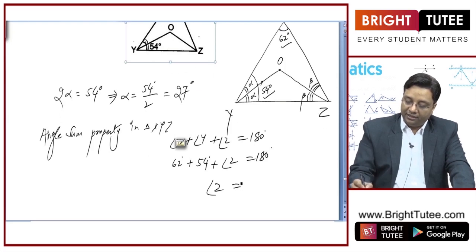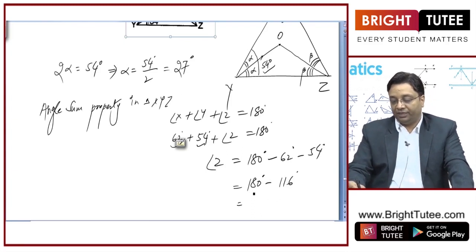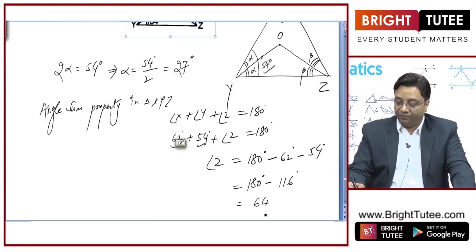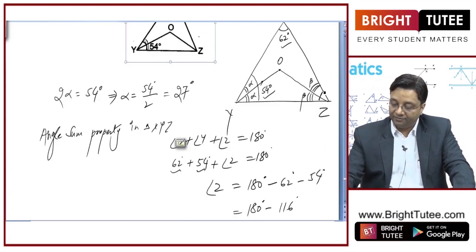So angle Z is equal to 180 minus 62 minus 54. 62 plus 54 is 116. When you subtract 116 from 180, it will give you 64 degrees. So angle Z, that is this complete angle, is 64 degrees.